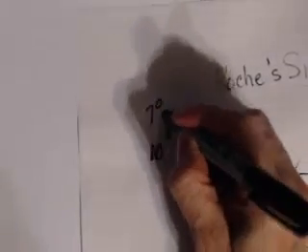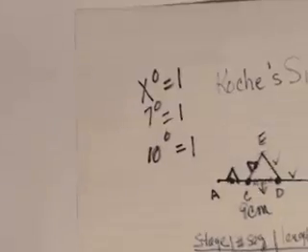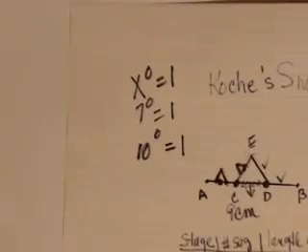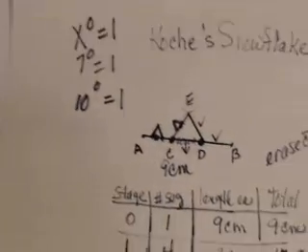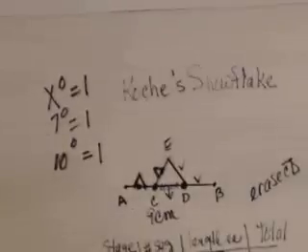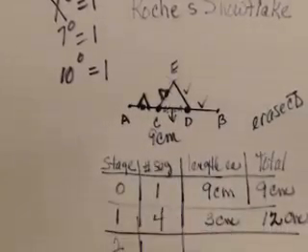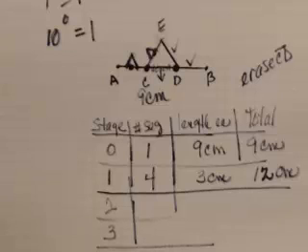Or 7 to the 0 power is 1. Or x to the 0 power is 1. And so that's going to help you in coming up with a pattern, I think, for the number of segments. So finish up Koch's Snowflake, finish up your table, and make your generalization.